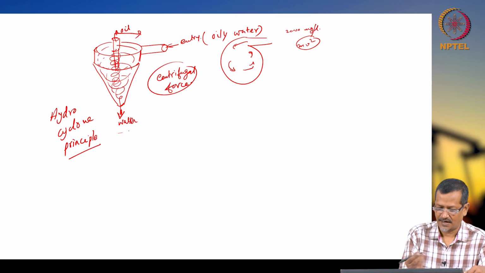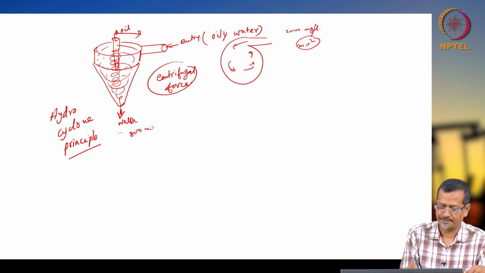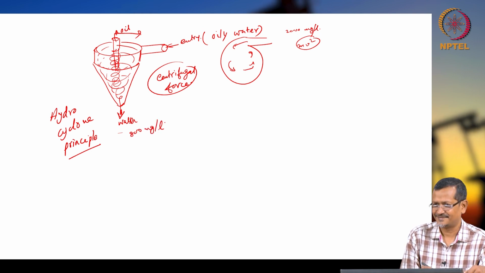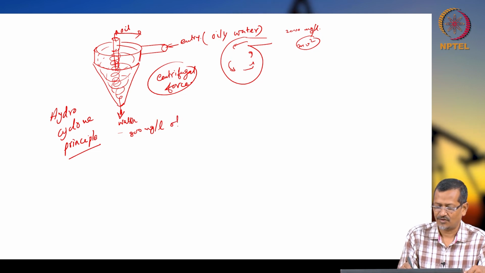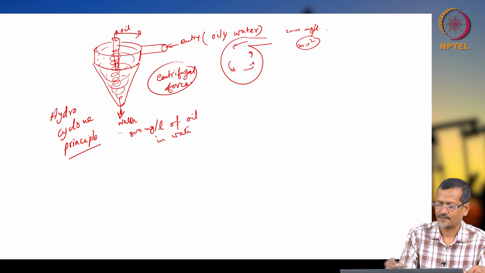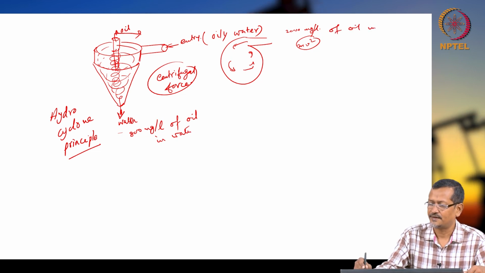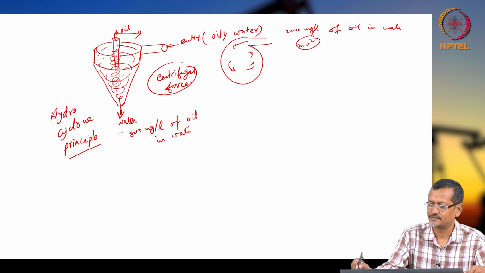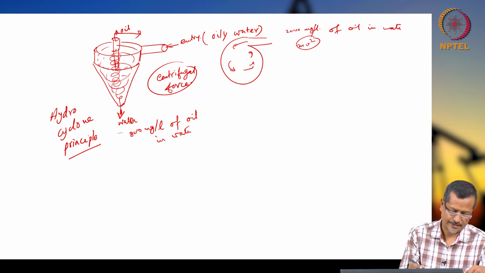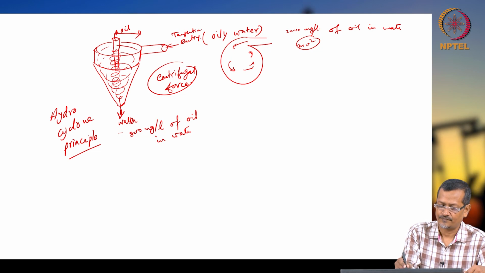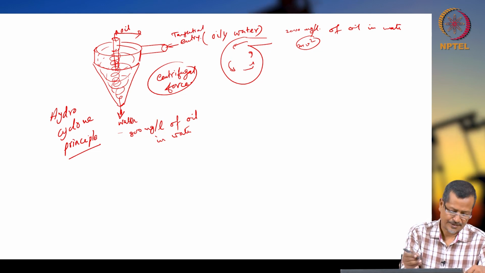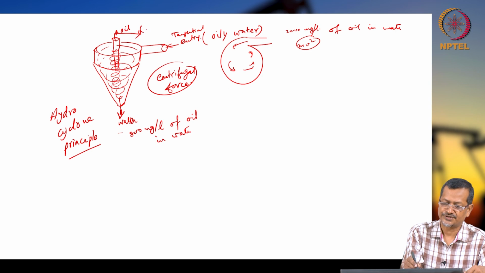And out, maybe 800 milligram per liter, because the amount of oil in water is reduced. And this is the tangential entry. And this is oil rejection, they say.